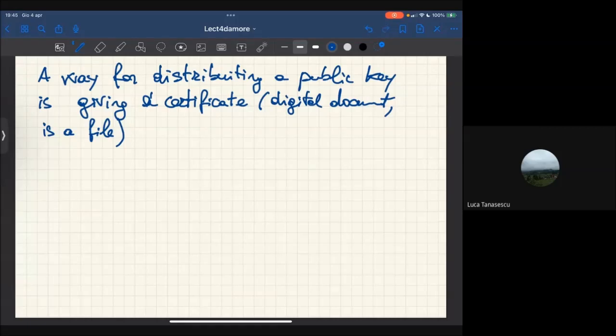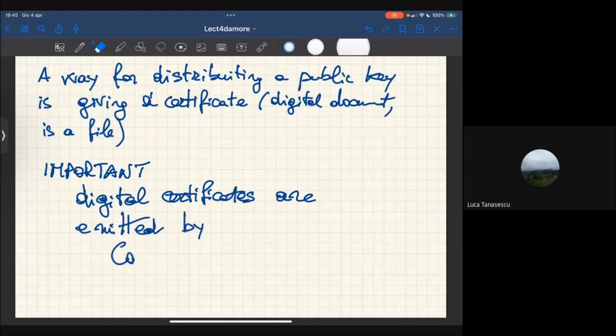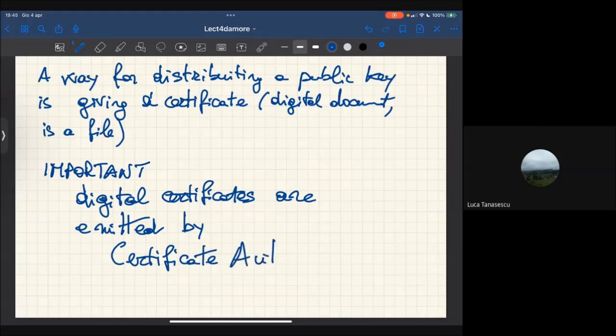What is important? Digital certificates are emitted by certificate authorities.